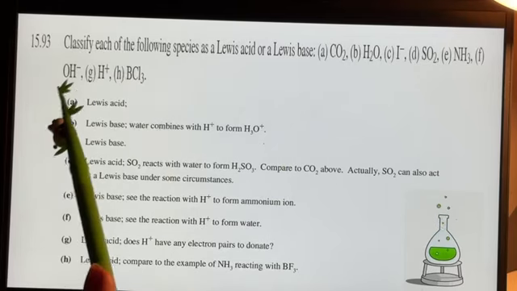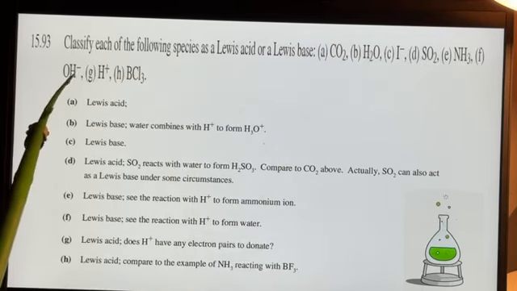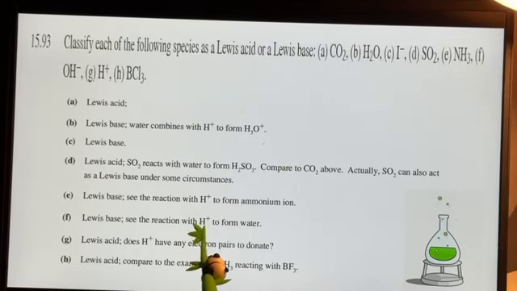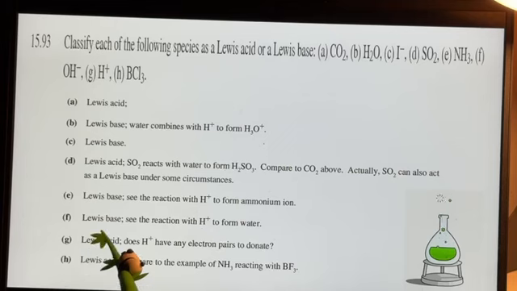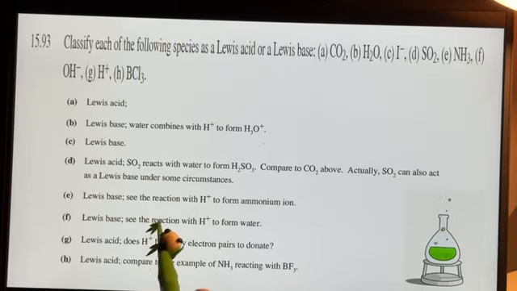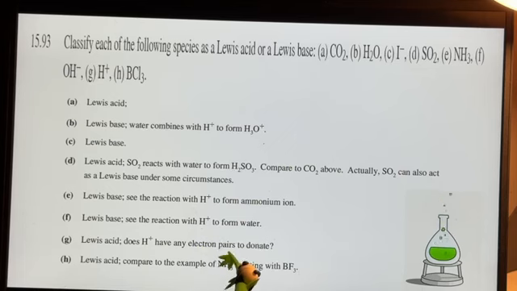Then we have OH minus. OH minus ions donate a pair of electrons to the H plus, behaving as a Lewis base. H plus ions. H plus ions do not have any electron pairs, so it accepts a pair of electrons, thus acting as Lewis acid.